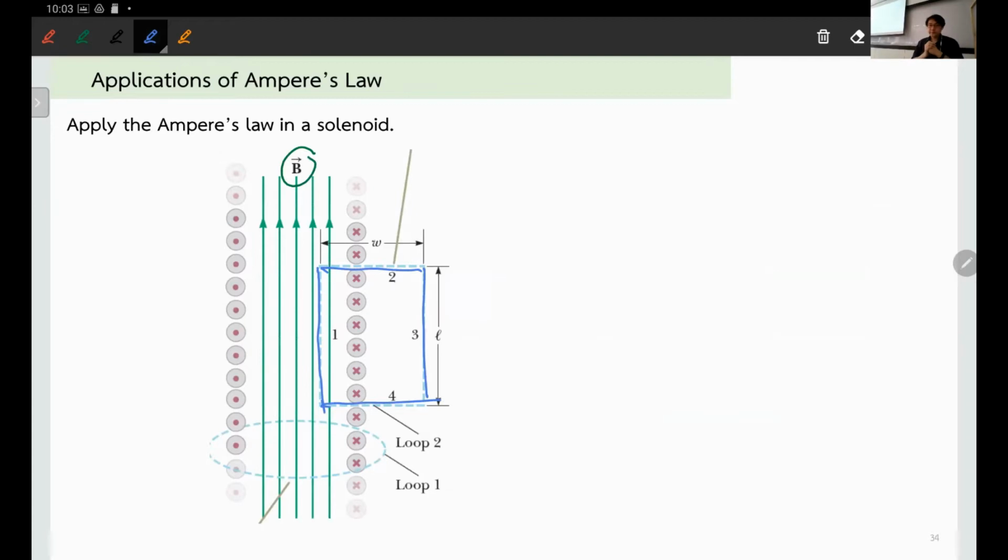Here we go. So what I'm going to do is the integral of B dot ds, just like before. Because right now my loop is composed of 4 sides of the Ampere's loop, it's going to be side number 1, side number 2, side number 3, and side number 4.